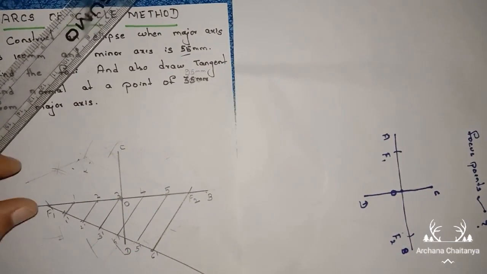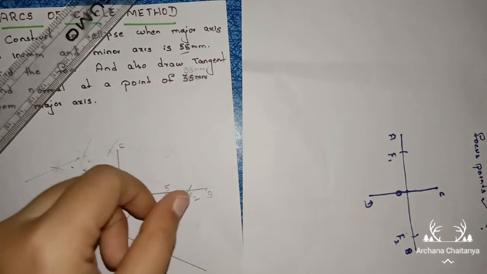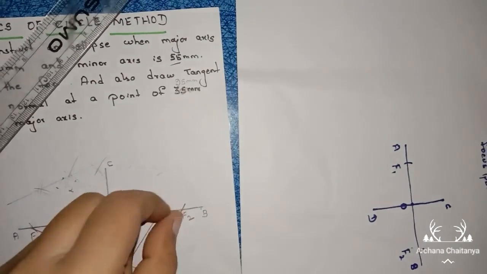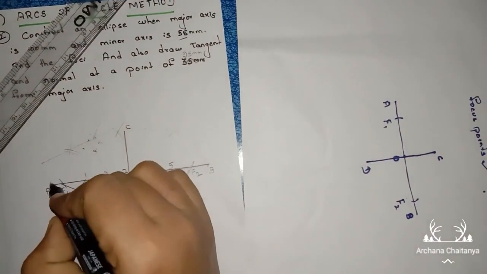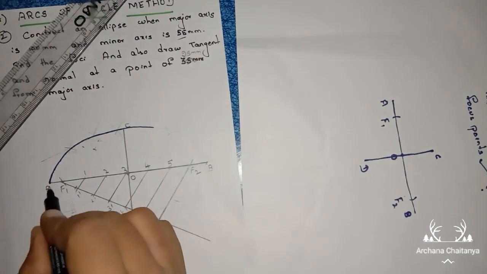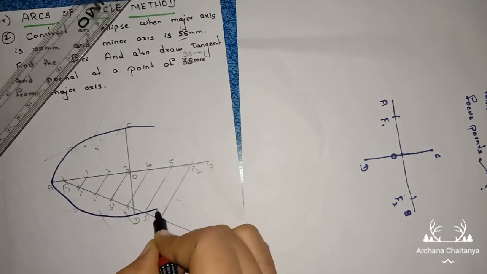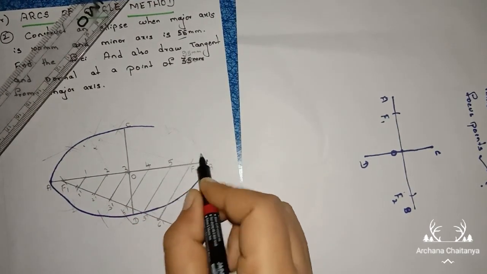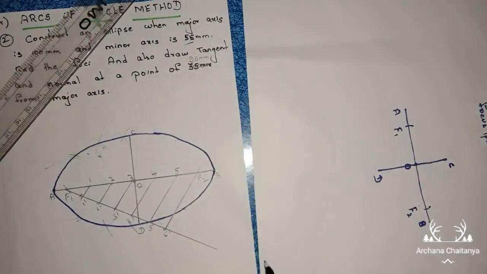A5 radius, F1 as center. Draw the first arc. B5 as radius, F2 as center. Cut the previous arc. Right? So if you join all that, you will get the shape of the curve.